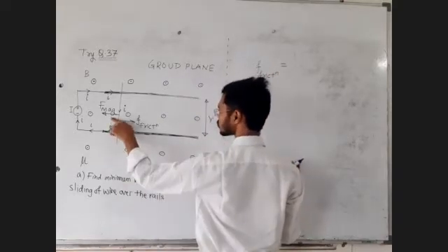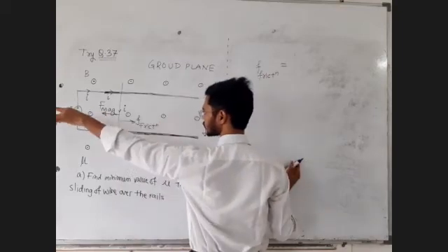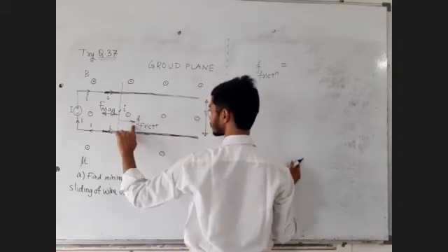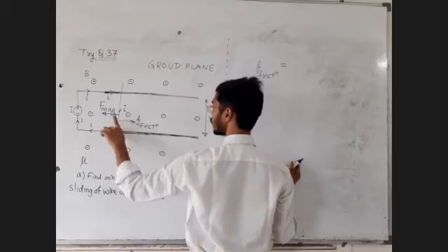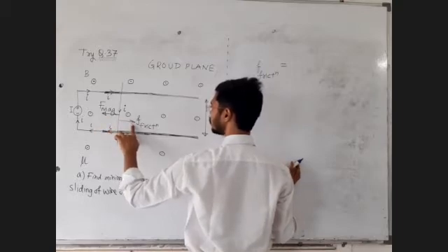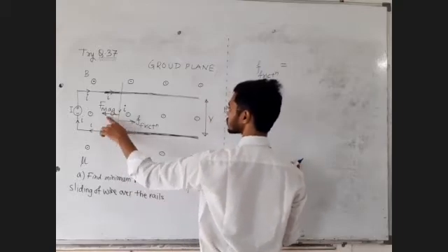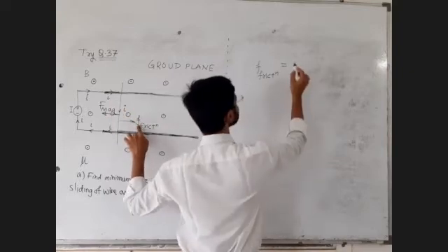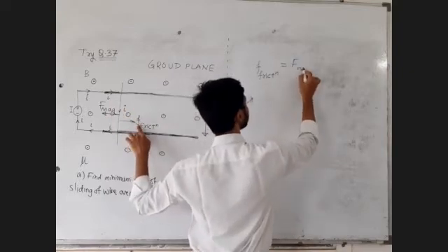This magnetic force will slide the wire in the leftward direction, but the frictional force has the task to balance this force and not let the wire slide. So the frictional force will balance the magnetic force.